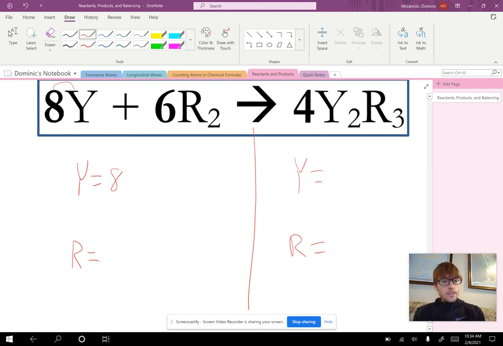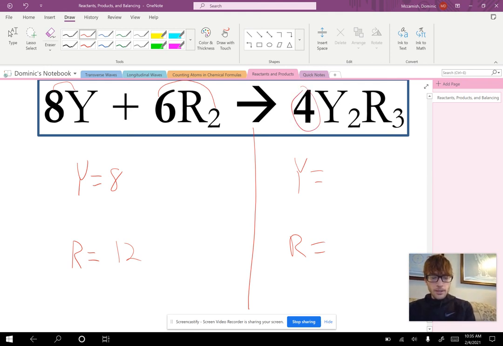Now, again, this coefficient does not apply over here because there's a plus sign in the middle, okay? All right, so then let's figure out our R. So we got 6 times 2R, meaning 6 times 2 is 12. So we have 12 of those and 8 of those. All right, product side. Now hold up.